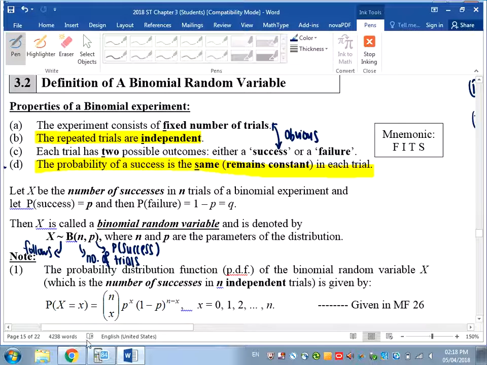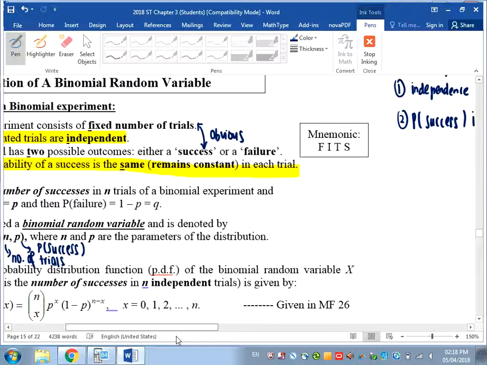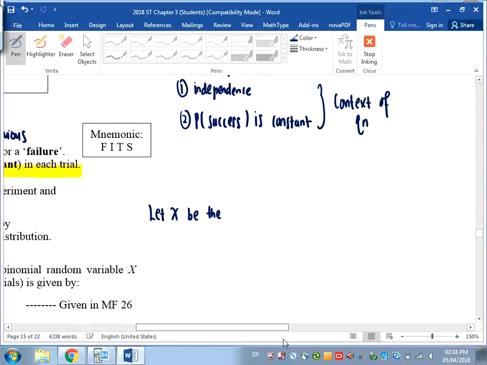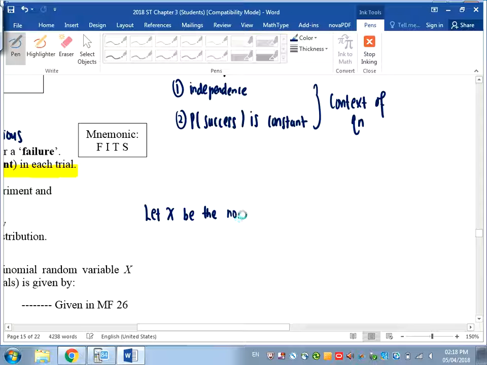So for example, let's say I have this: I let X be the number of 2s obtained when I throw a fair die ten times.